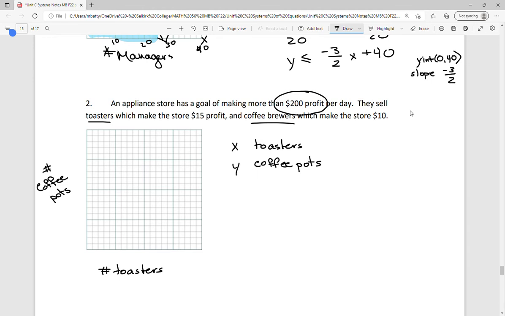The next bit of this is that we've got $15 profit on those toasters. So it's $15 profit each. And the next one, the coffee pots, are a $10 profit each.